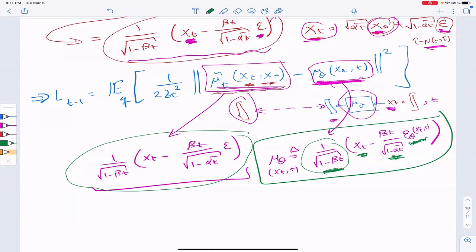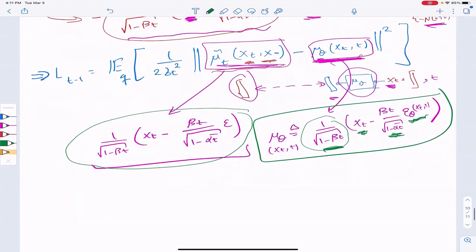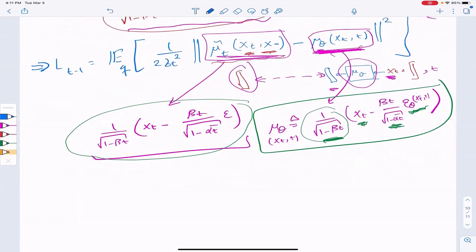But that's basically it. So if I do this and I plug this in my objective, what do I get? I get expectation over q, 1 over 2 sigma t squared. Okay, and now instead of mu tilde of theta, I'm going to write this term, and for the other one, I'm going to write this term.